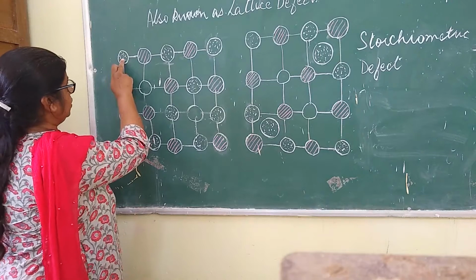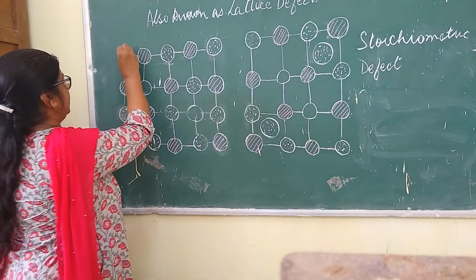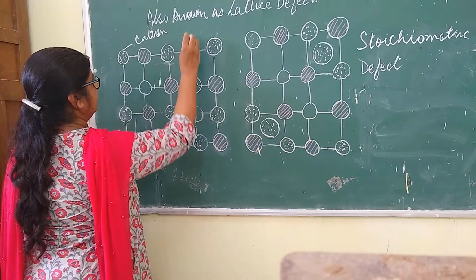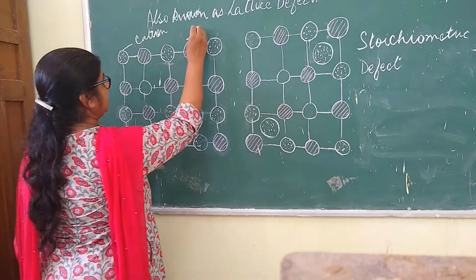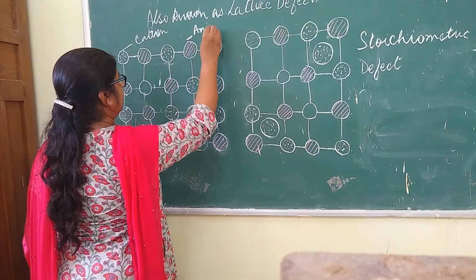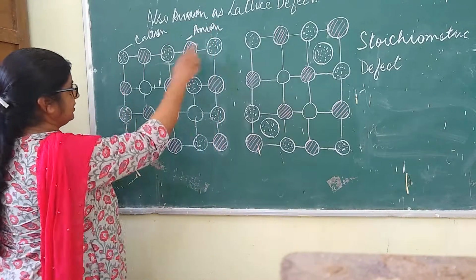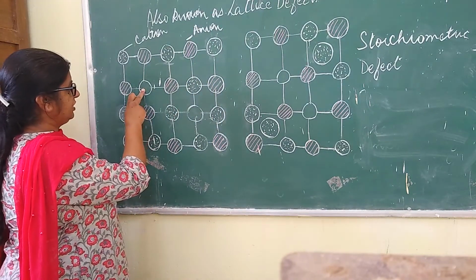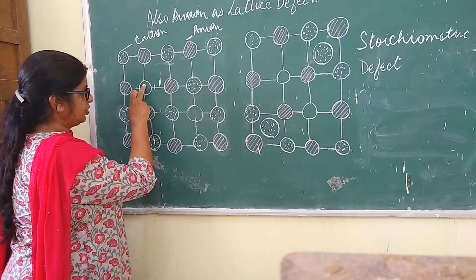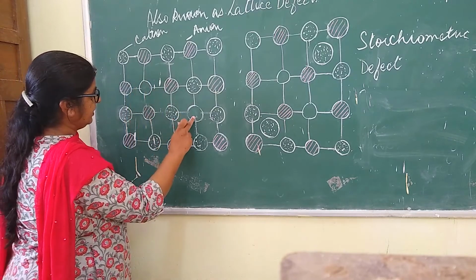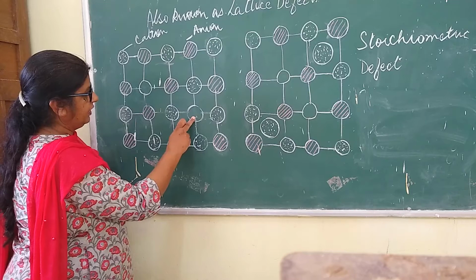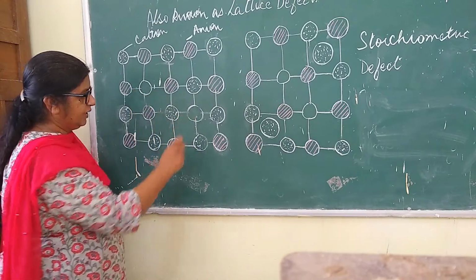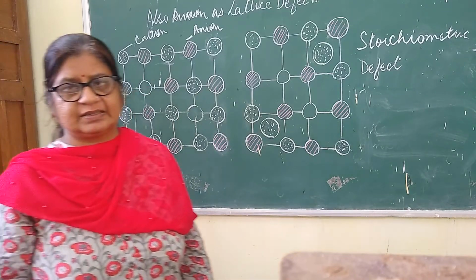This circle having the dots is the cation and this circle having the slanted lines is the anion. If we see in this particular lattice, a cation is not here, which has not occupied its position. Similarly, here an anion has not occupied its position. So these two holes are there in the crystal lattice.